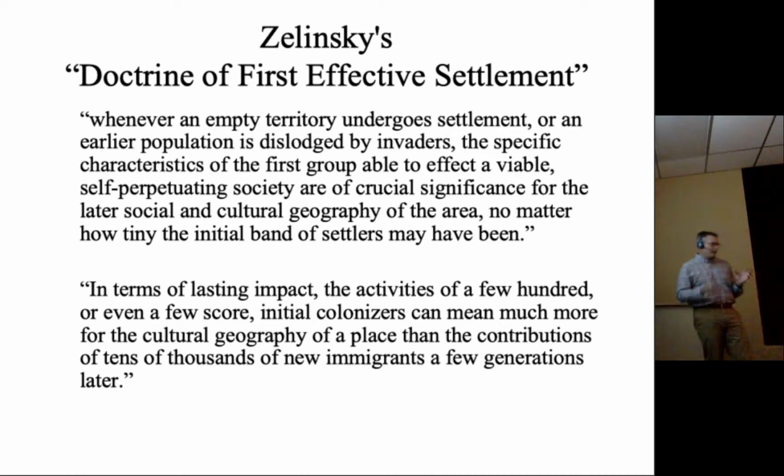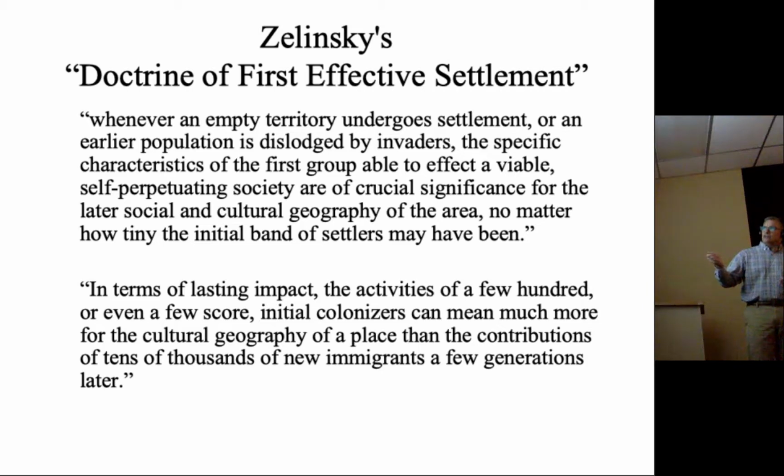In other words, what happens is that first group of people pretty much set the stage for other processes that take place, and that early group kind of sets the tone and the direction of things if they're permanent and if they are in a viable colony.